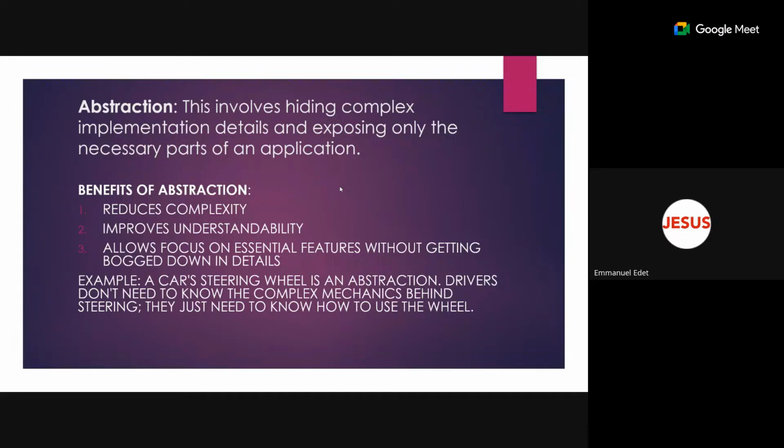A car steering wheel. Those of you who have a car or who drive will know that when driving, you don't have to know the mechanism involved in that steering wheel. Yours is just to ensure that as soon as I'm driving, I know how to turn my steering wheel. I know how to rotate the steering wheel and so on.